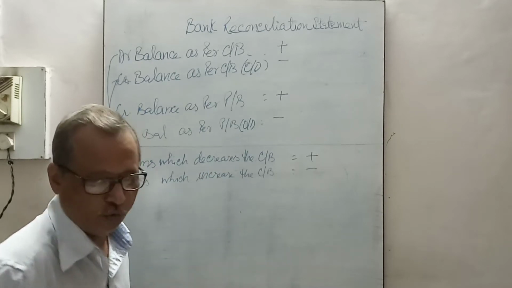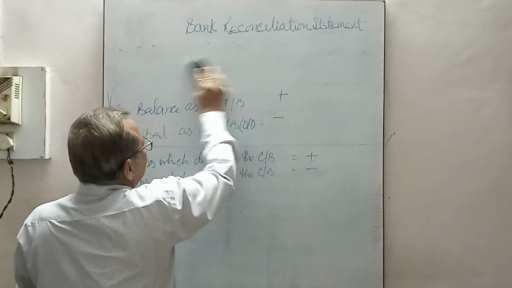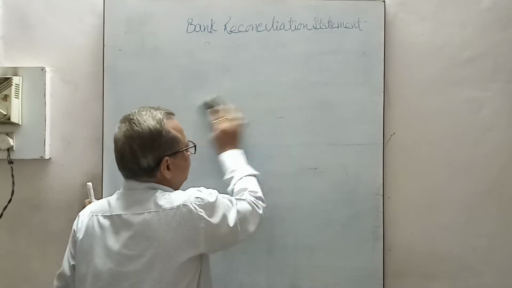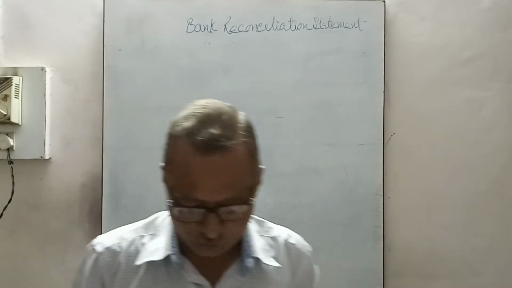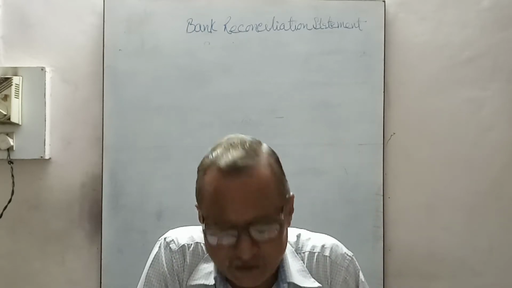Now see how it is. I am taking one question, when the favorable balance of cash book is given, that is question number 5 in your book, page number 11.35.